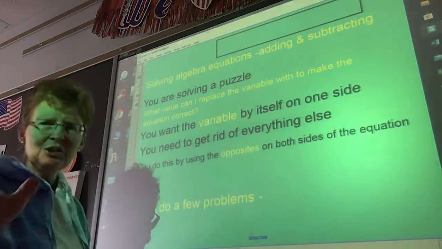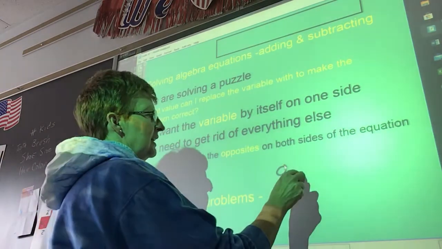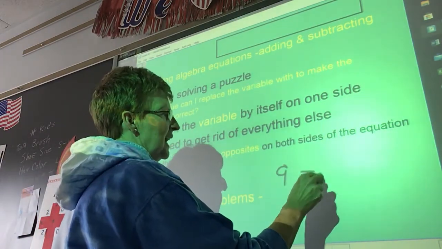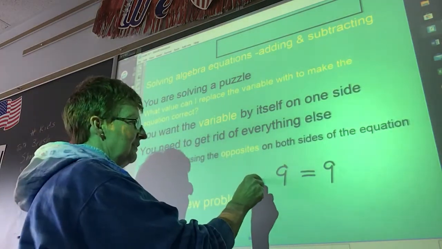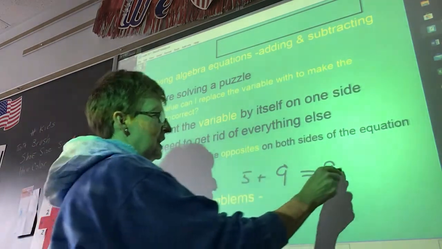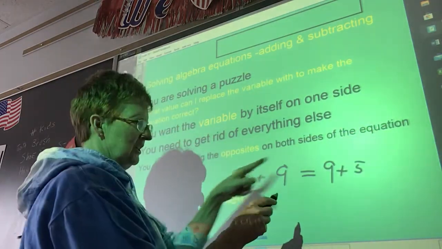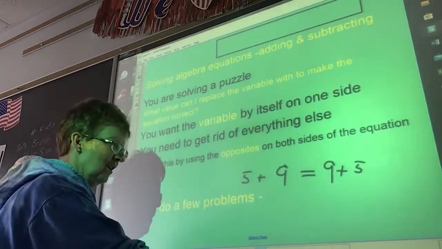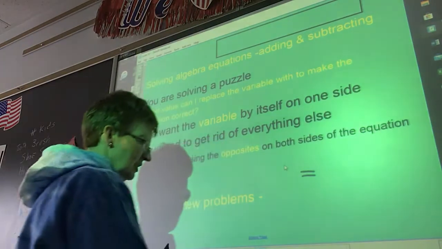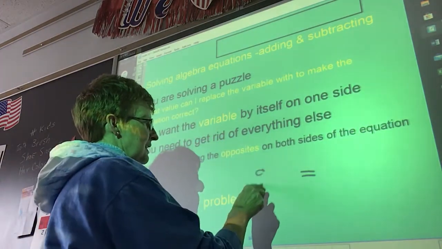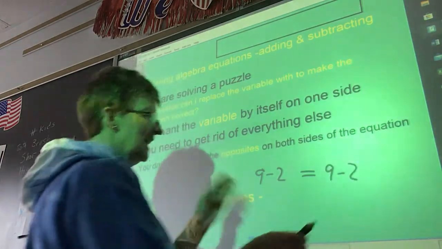So here, we're going to do a very simple thing. If I have an equation, 9 equals 9, I can add 5 to both sides of the equation, and they're still equal because it's 14 here, 14 there. I can also subtract from 9 on both sides, so I have 9 minus 2 on this side and 9 minus 2 on this side, and I get 7.